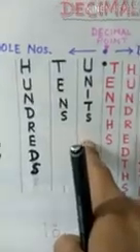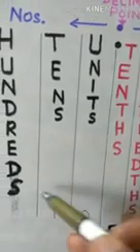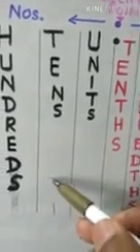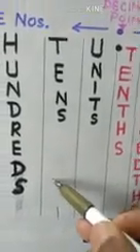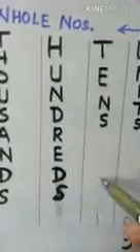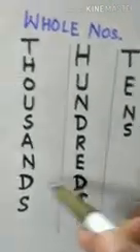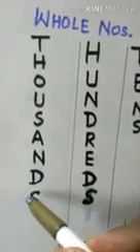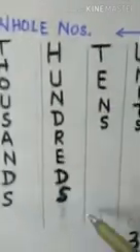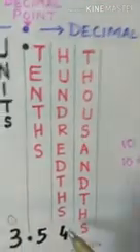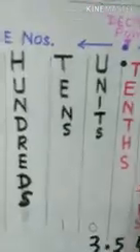Because we have 1. When we come here, you get 10. That is 1 into 10 gives you 10. You come here, this 10 into 10 gives you 100. You come here, this 100 into 10 gives you 1000. So in the whole numbers we are multiplying, and in the decimal part we are dividing by the powers of 10.